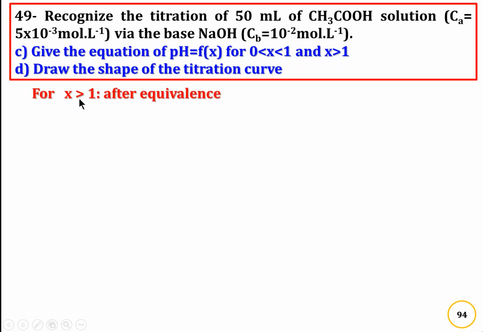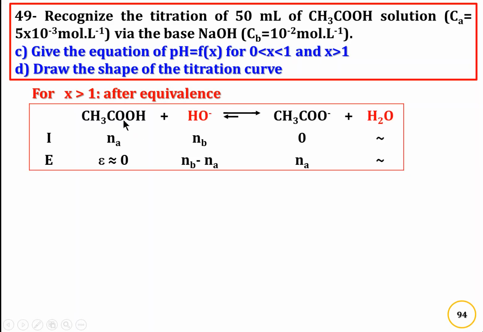So for X greater than 1, we are after equivalence. That means all acetic acid is completely transformed to acetate, and we have OH minus in excess. Initially we have Na of acetic acid, Nb of OH minus added, and 0 acetate.